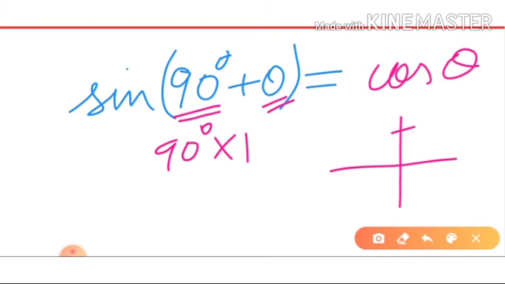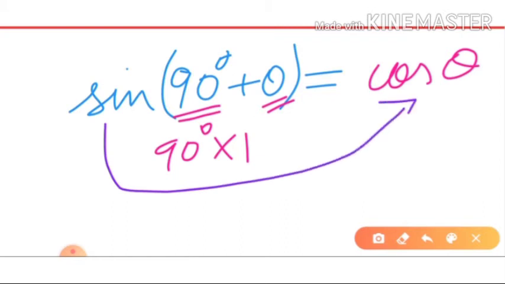For 90, the sine changes to cos due to the odd multiple, and in the second quadrant the sign is positive, so it is cos theta. We don't write positive, we write it as cos theta.